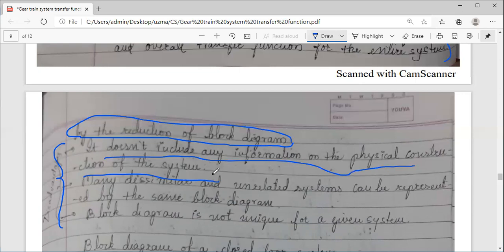Secondly, many dissimilar and unrelated systems can also be represented by the same block diagram.